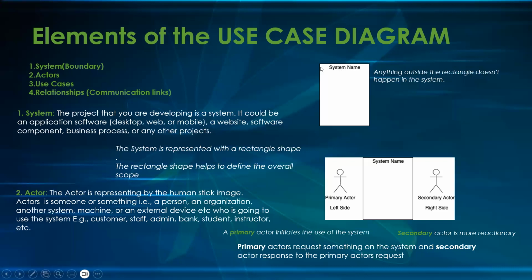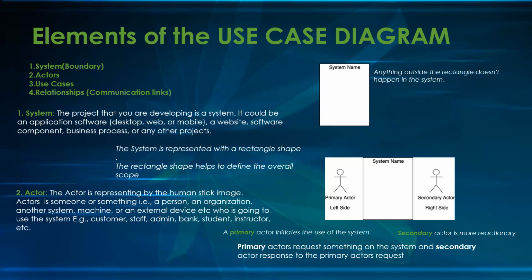It's usually represented by a rectangle, and we can also refer to it as the boundary, because everything that the system is going to be doing will be inside that rectangle boundary.